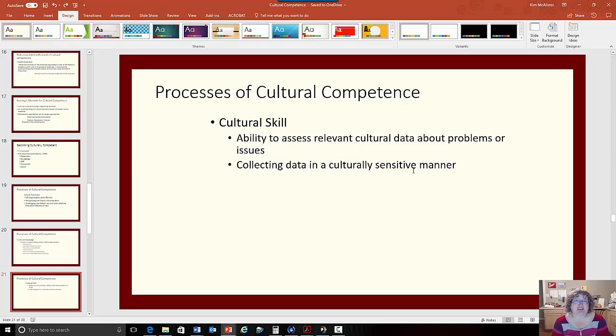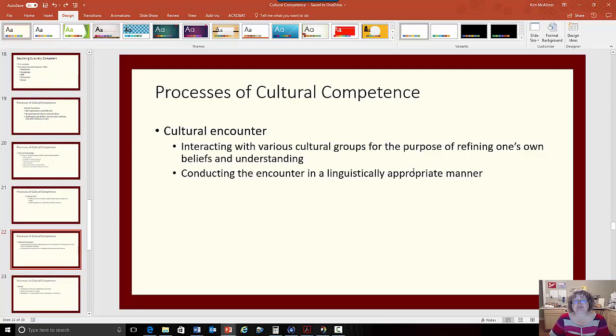Also, Latino culture has a tendency to be very polite and want to avoid saying something that might appear to disagree with you. And so you need to give patients and populations the opportunity to express their own thoughts and their own desires for health care without imposing it on other people.